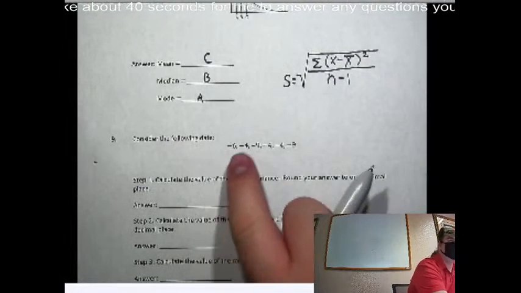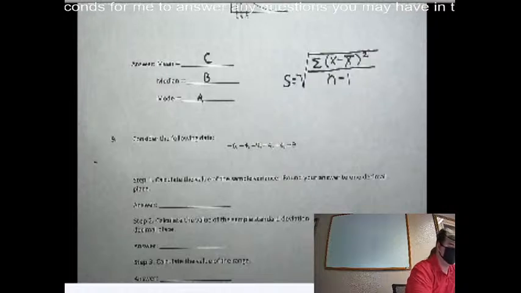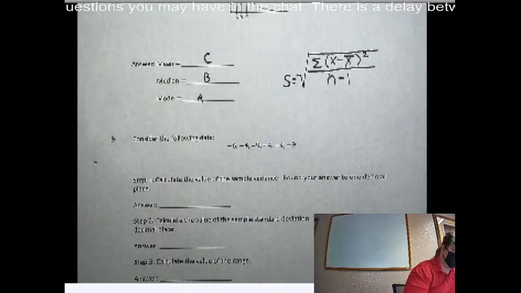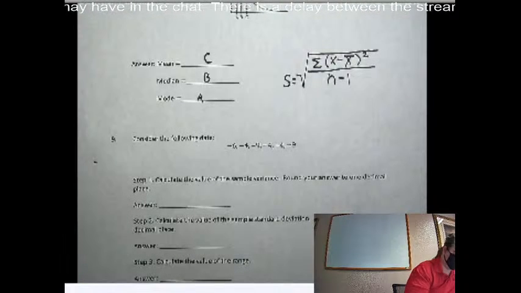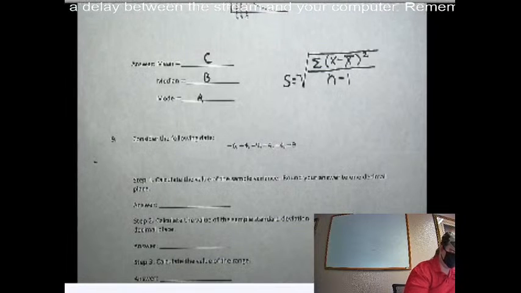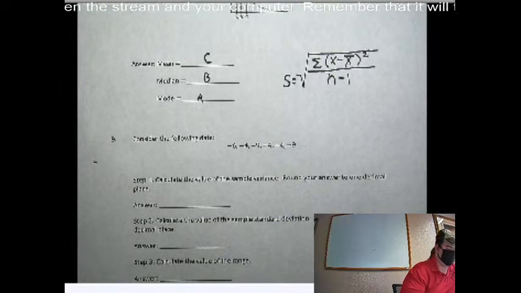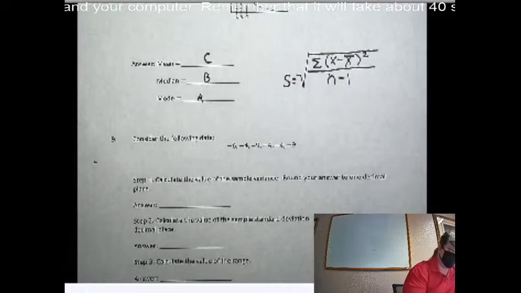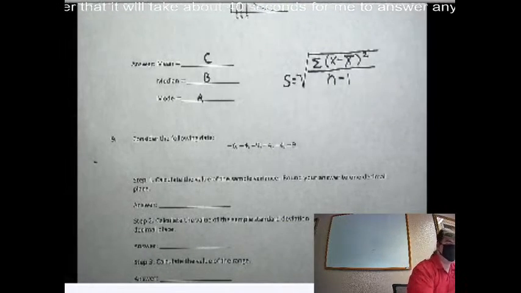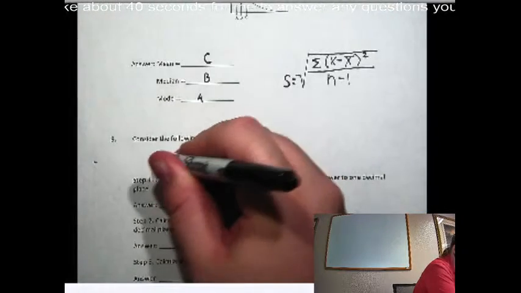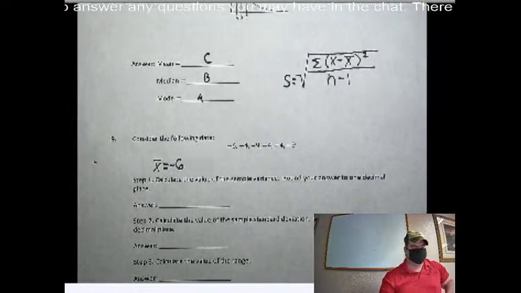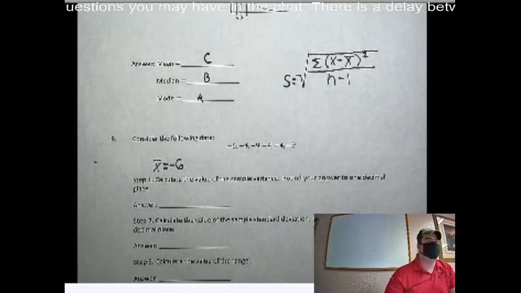So we need to get the mean of all these numbers. -6 plus -4 plus -9 plus -4 plus -4 plus -9, and then divide by 6 gives us -6 for our mean, our x bar.